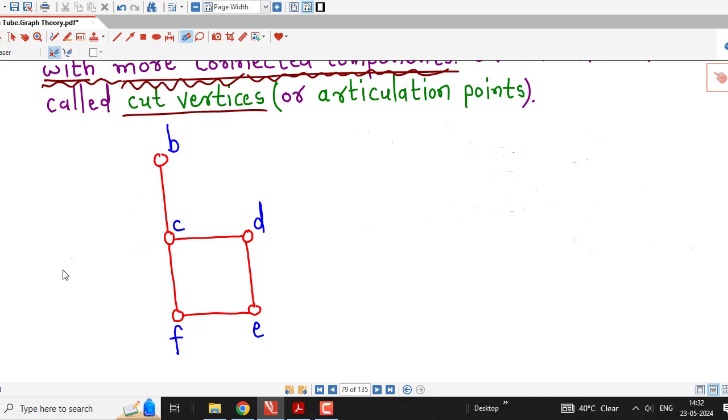So now I have removed all the edges containing vertex A and vertex A itself, and whatever subgraph I obtain is a connected subgraph. That means vertex A is not a cut vertex. So let's come back to the original graph.